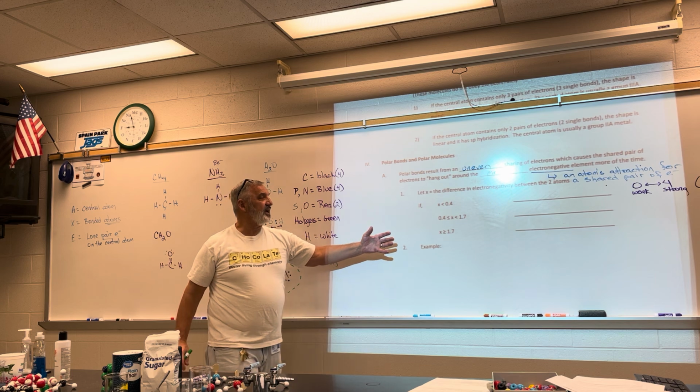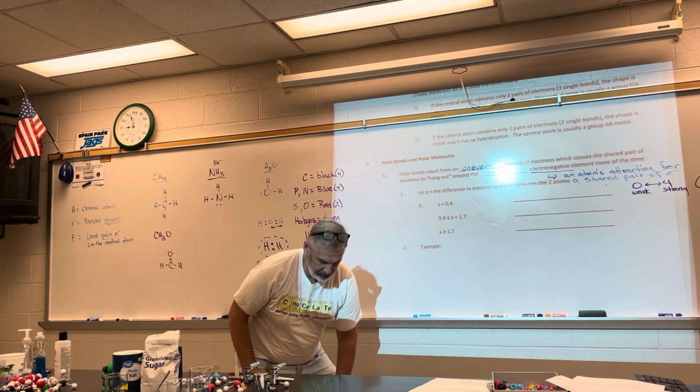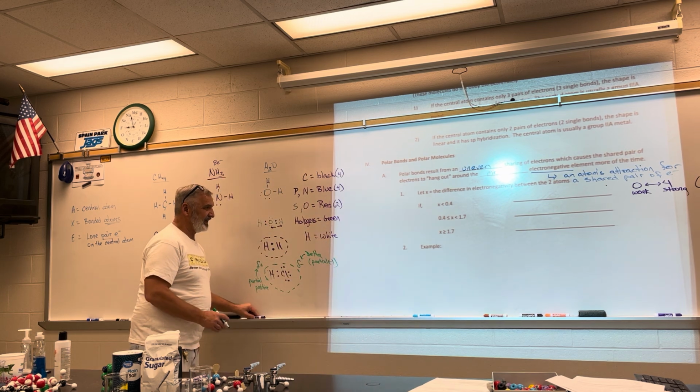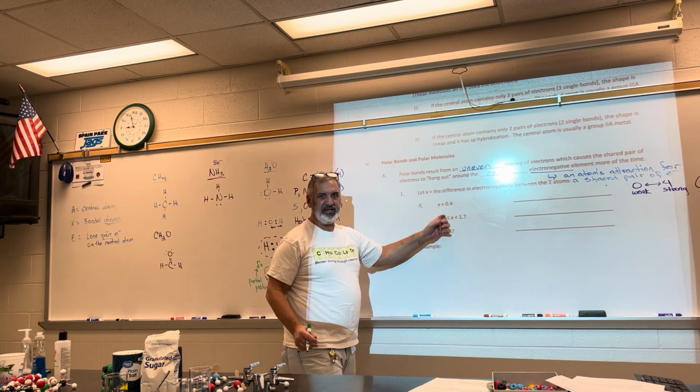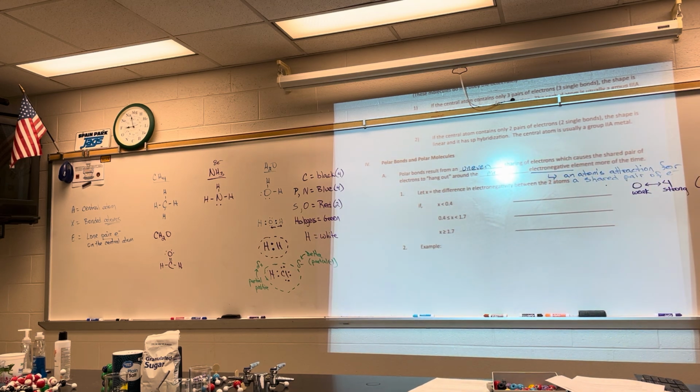Now we have this scale, 0 to 4. We're going to say if the difference in electronegativity, where X is the difference between the two atoms, is less than 0.4, they're pretty close. The flag's still going to be pretty much in the middle.